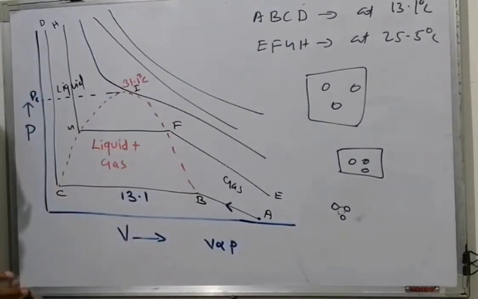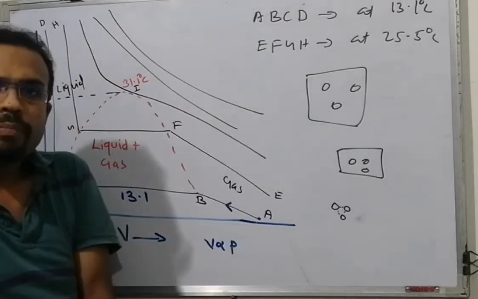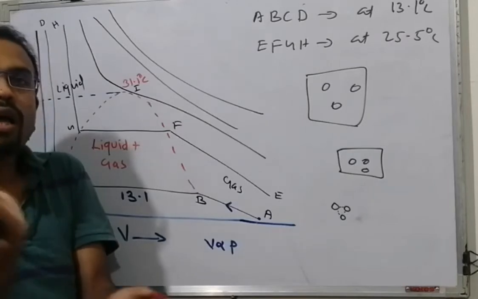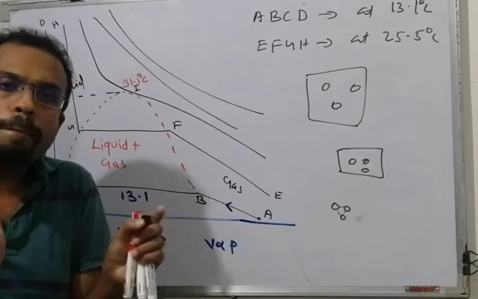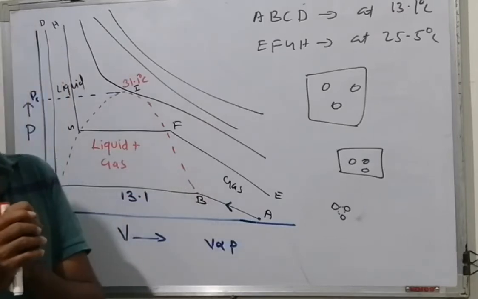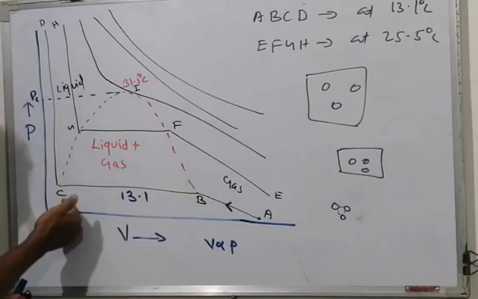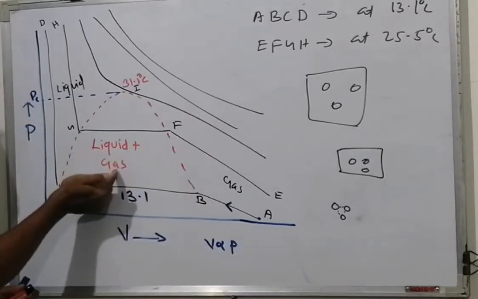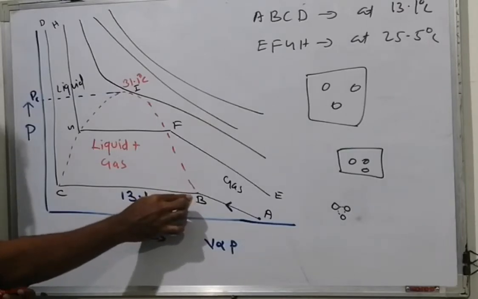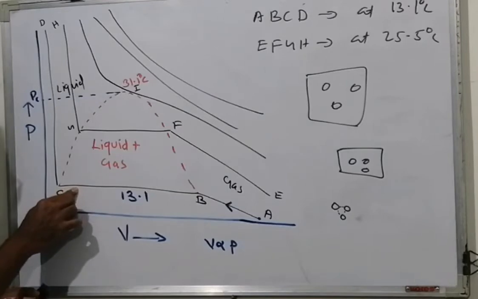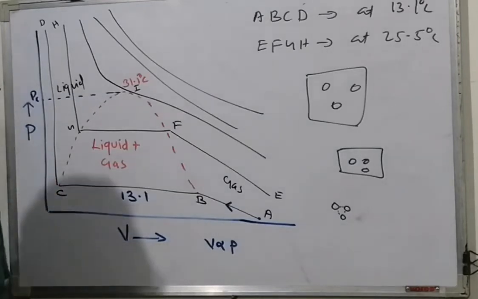All the pressure applied is converted into liquefaction, therefore there is no impact on pressure there. Along BC, you have both liquid state and gaseous state. Near B, the gaseous state is more and the liquid state is less. When you come here, the liquid state is more and the gaseous state is very little. At C, all gas is converted to liquid.